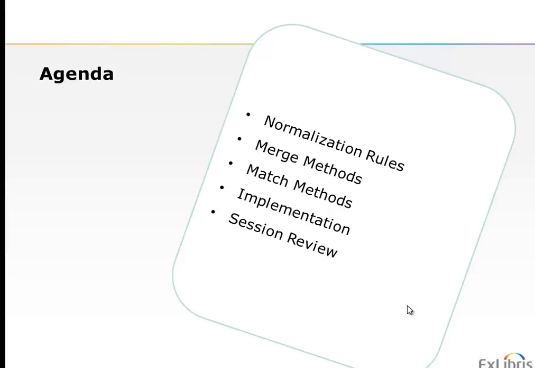Normalization rules allow you to make changes to bibliographic or holdings records based on predefined rules and conditions. Rules can perform the following actions on bibliographic records: remove fields and subfields, add fields and subfields, replace fields, subfields, and indicators with other fields, subfields, and indicators, or replace or add text in subfields.